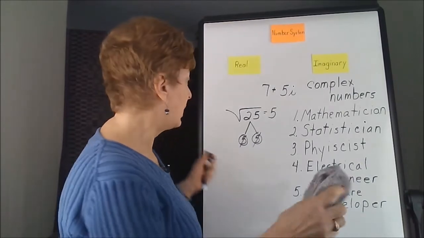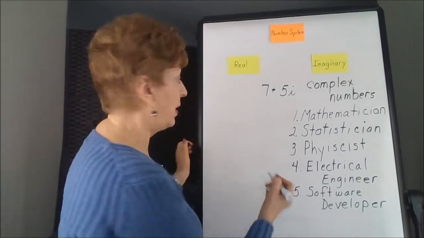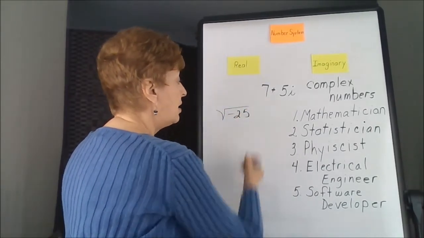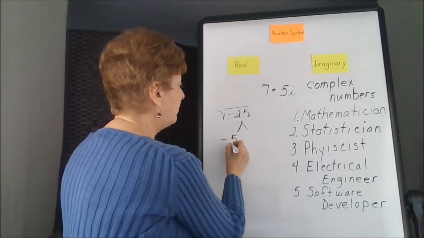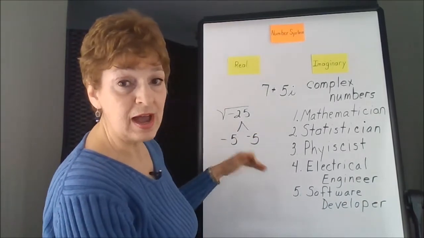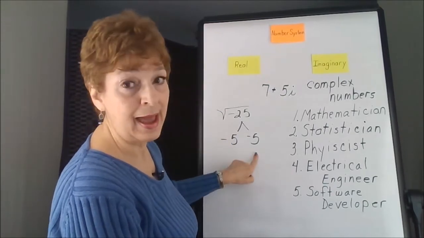But what happened was, when mathematicians ran into this situation, where they had a negative 25, because when we factor this, we are factoring negative 5 times a negative 5. Before, 5 times 5 was 25, but the negative part has to come out as an identical match.